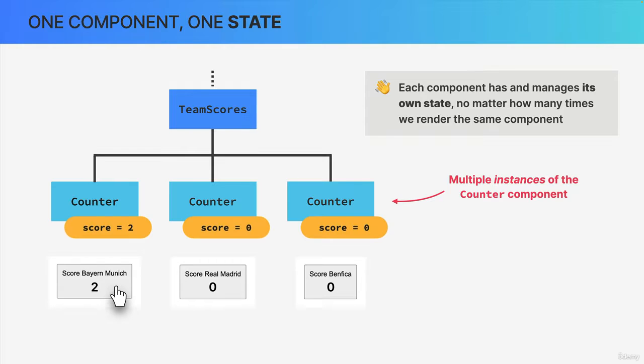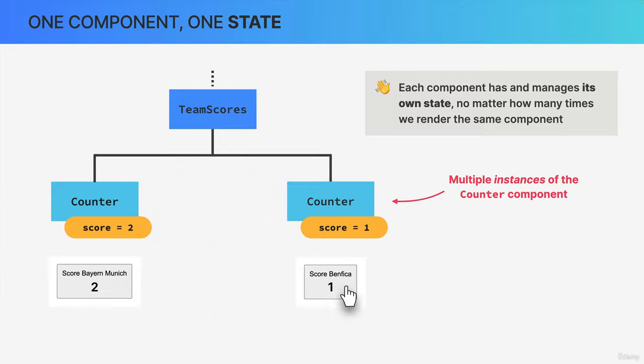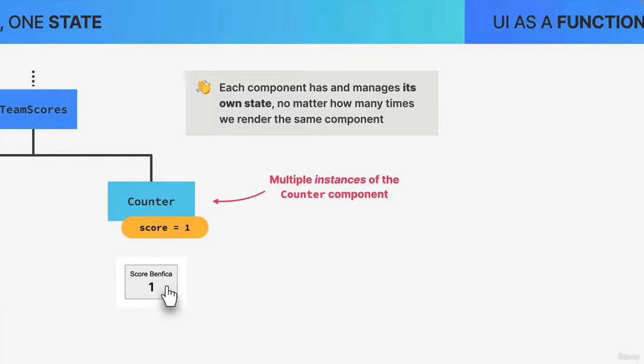So, again, if we change the state in one of the components, that won't affect the other components at all. And so the same thing, of course, is going to happen when we click one of the other buttons, or even when one of the components is removed from the UI entirely. So state really is isolated inside of each component.